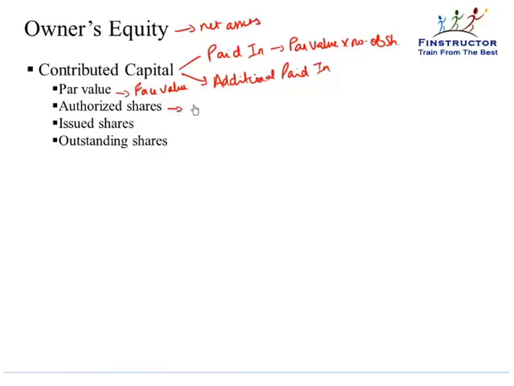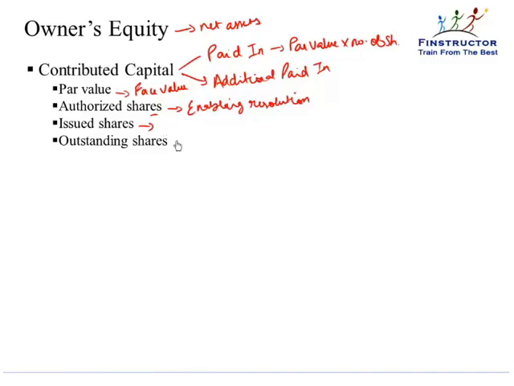Authorized number of shares are the possible amount of outstanding shares. These are the shares that the company has an enabling resolution for. That is, the shareholders have given an approval for the issuance of the authorized number of shares. The company may not have issued all of them, that is, it can potentially have so many shares outstanding. Issued shares are the shares that have actually been issued to different investors and are assumed to be outstanding at the moment.